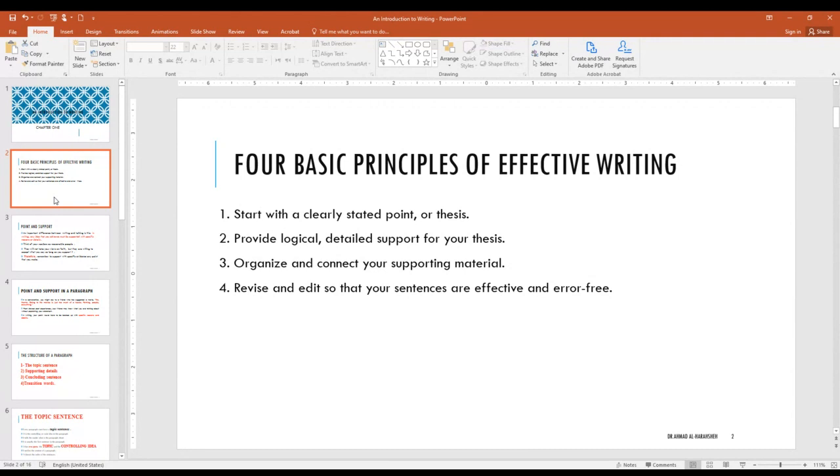You should convince me, you should provide evidence. You should provide, as we will see, God willing, statistics. We should provide, for example, facts. We should provide opinions, quotes, and so on, in order to support your ideas, in order to convince them.